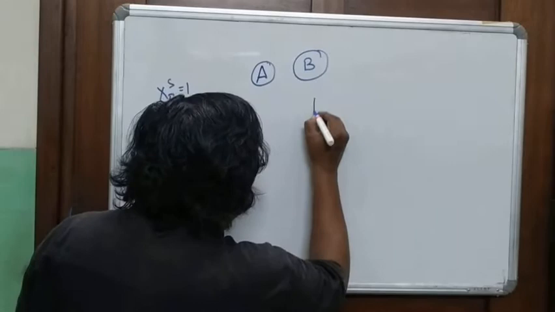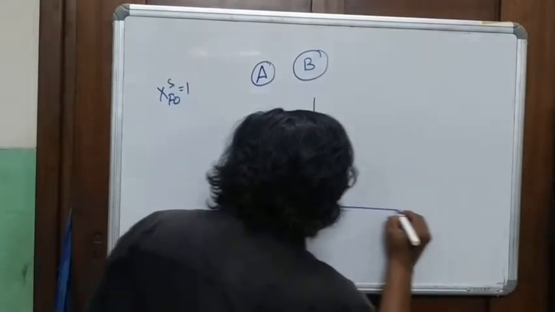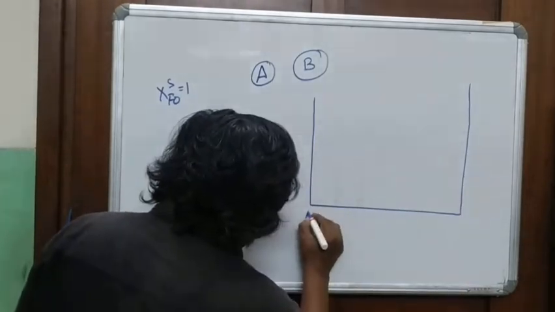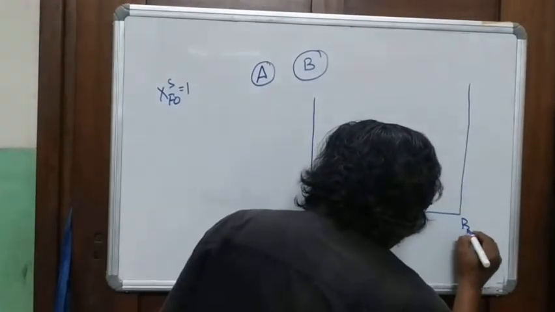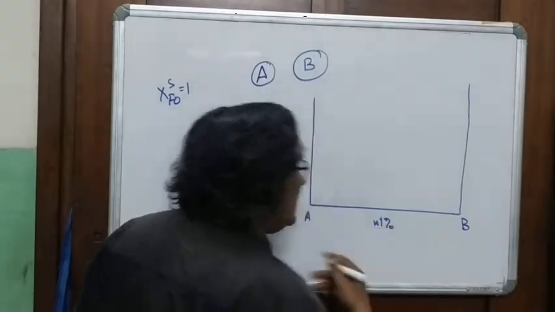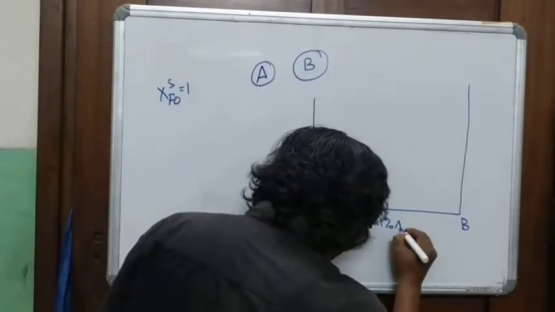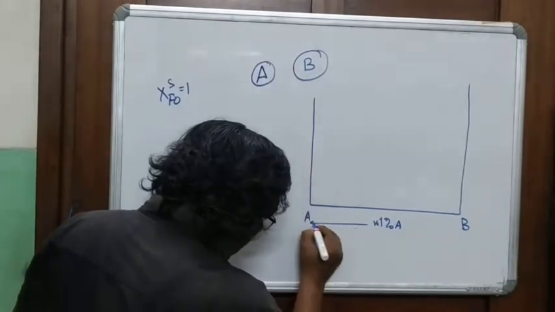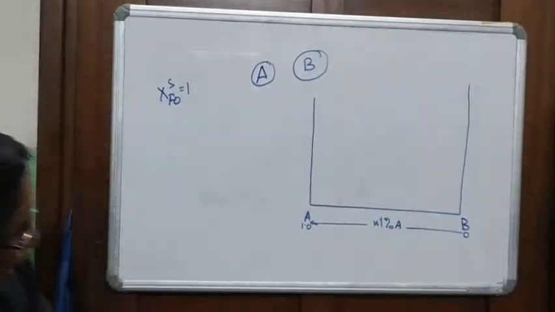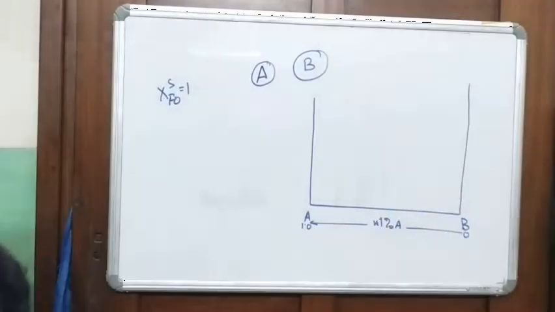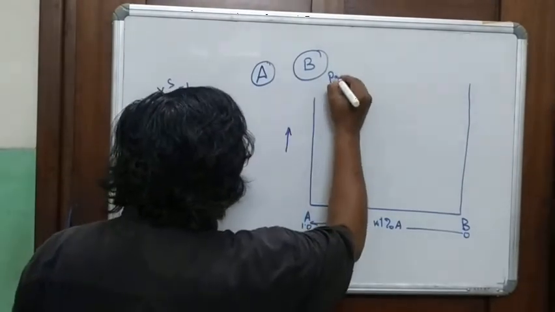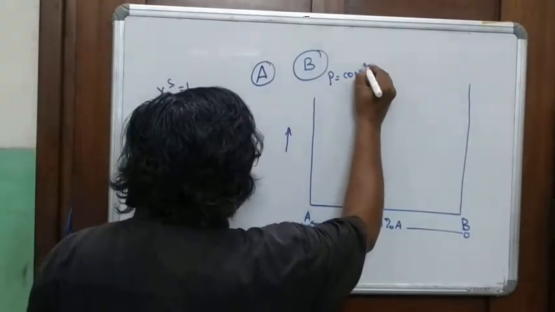Then I can draw a binary diagram where I have A and B, and let's say I have weight fraction of A. That means here A equal to 1.0, here A equal to 0, and the opposite is true for B. And this is temperature, at a particular pressure which is constant.